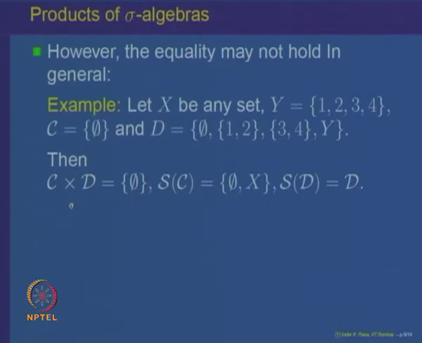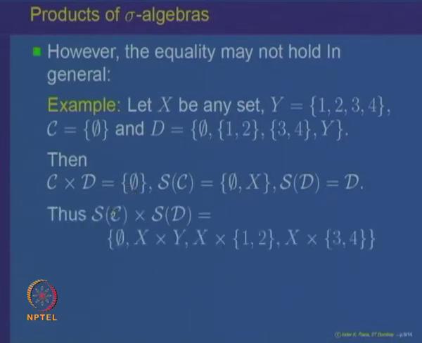So, the sigma algebra generated by the collection C cross D will be the empty set and its complement, that is the whole space X cross Y. So, S of C cross D consists of just 2 elements, namely the empty set and the whole space X cross Y.